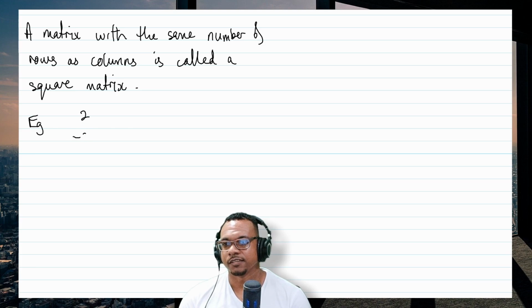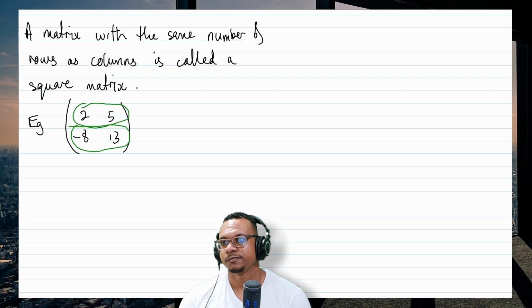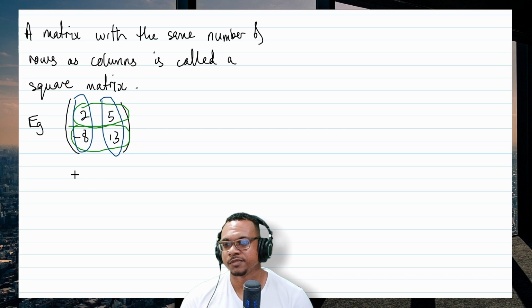So for example, if I had 2, -8, 5, 13, we have 1, 2 rows, and then we have 1, 2 columns. So we have 2 rows and 2 columns.